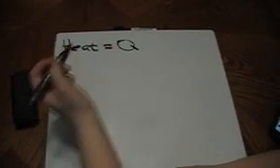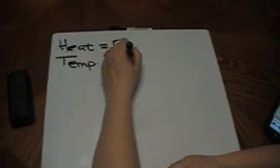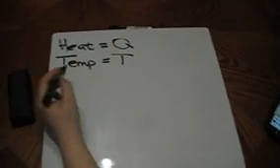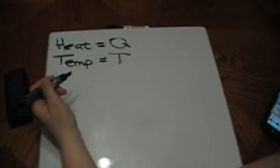So Q is heat. From looking at the glasses of water, you know that there's temperature involved, and hopefully you remember that temperature equals T. How much heat you have depends on how high the temperature is.